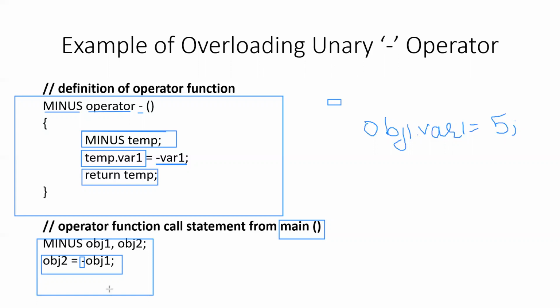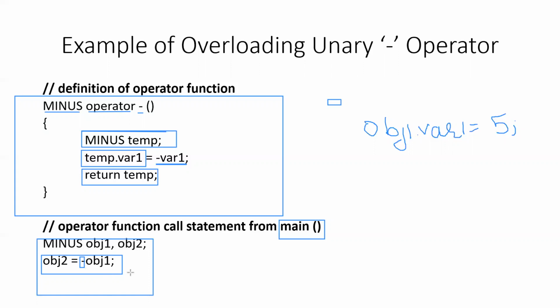The object on the right hand side of the minus operator, object 1, is the object that is calling this operator function. So the operator minus function has been called by the object obj1.